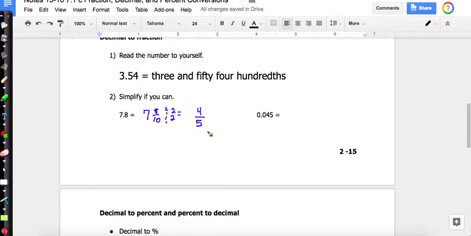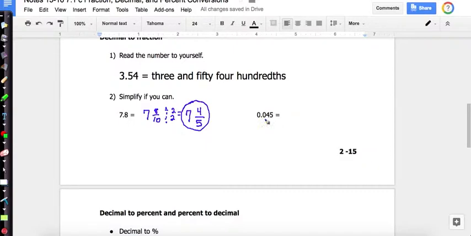Now, why is this not the correct answer? What did I forget to do? Good, I forgot to put the 7 in front. So if you forget the 7, then it's wrong. So 7 and 4/5.